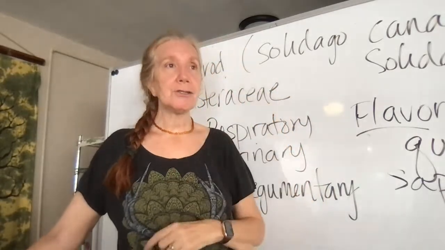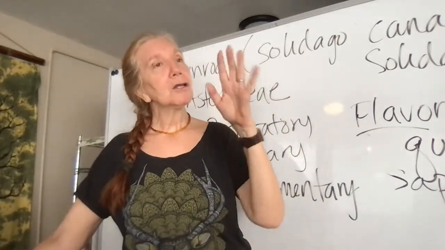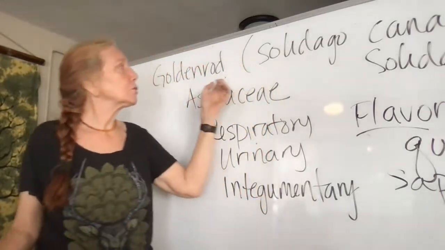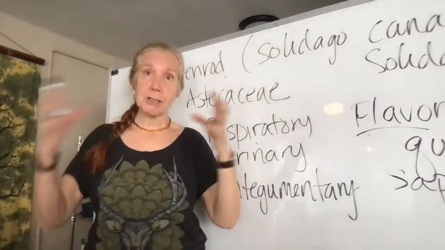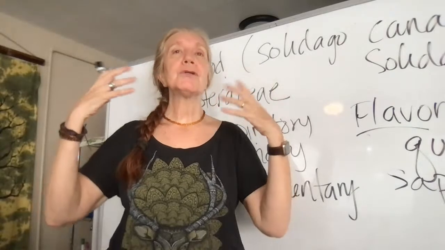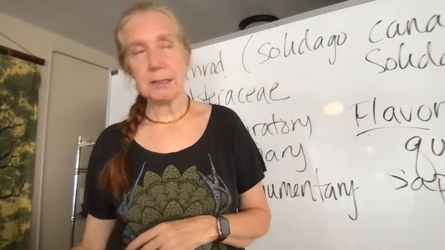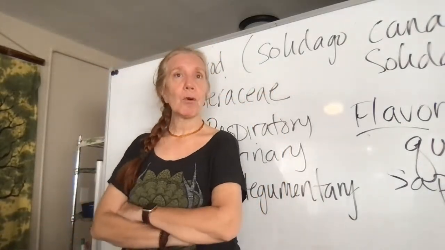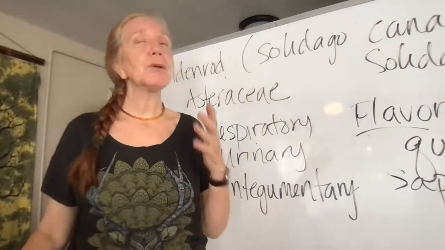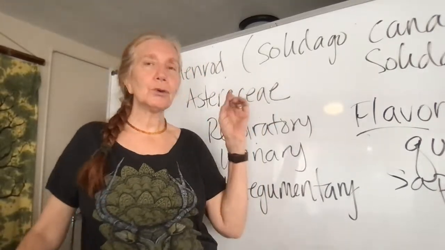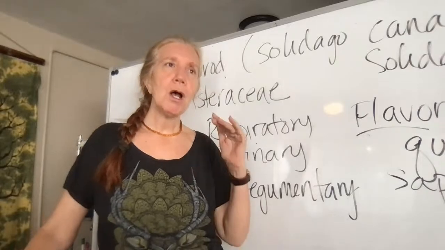So airborne allergies. Now, a lot of people associate goldenrod with allergies, the presence of the flowers producing pollen that is associated with airborne allergies. And while there are people who are absolutely allergic to goldenrod, it's actually a pretty low number.